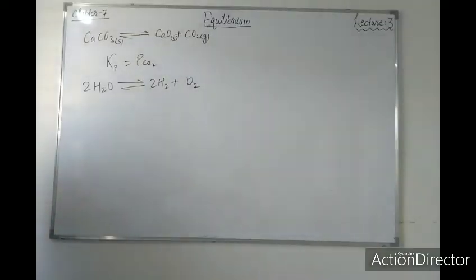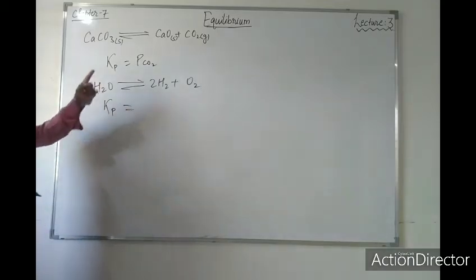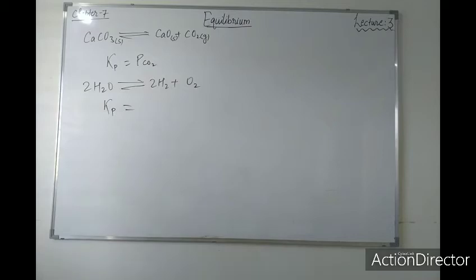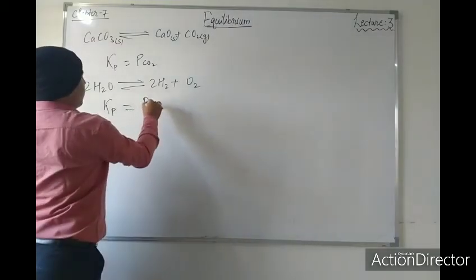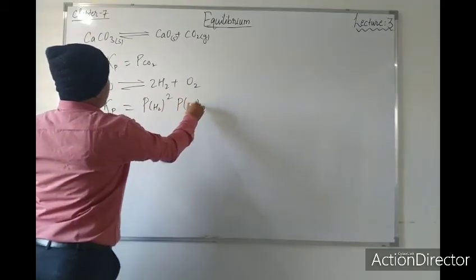Now can you tell me here what will be the terms of Kp? Kp will be nothing else, just the same as your carbon dioxide was single. Here hydrogen is 2 molecules and oxygen is 1 molecule, right?